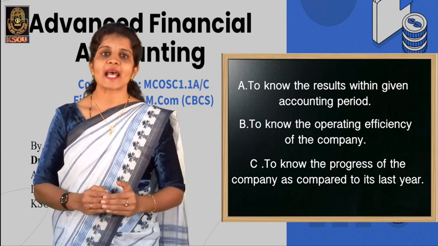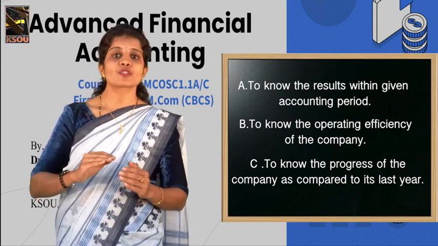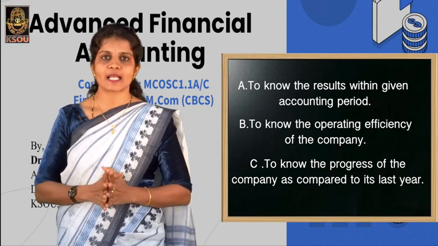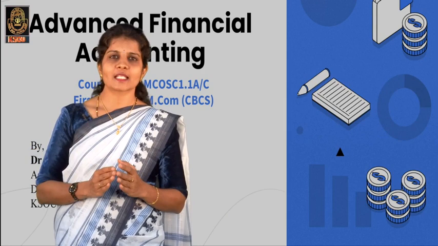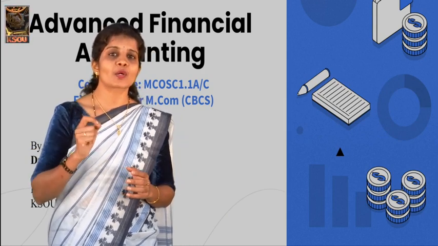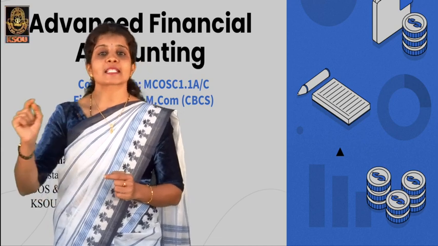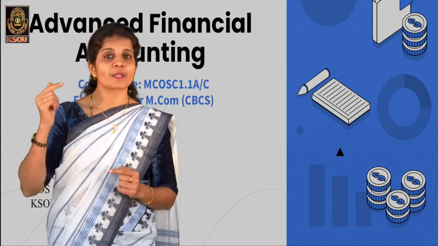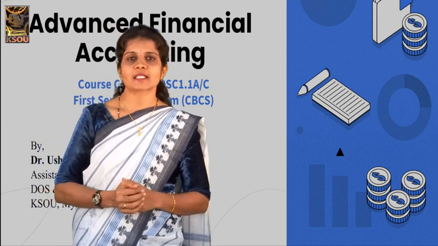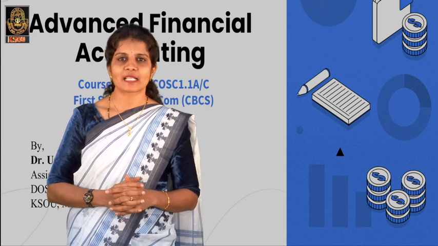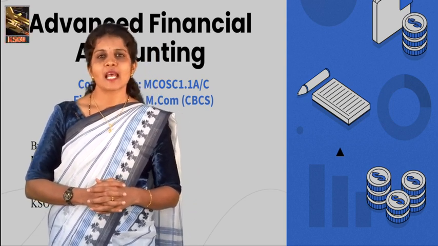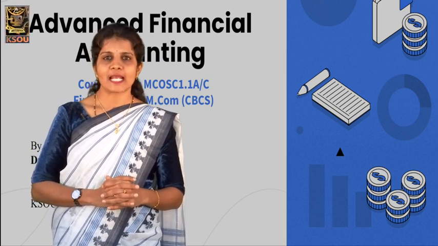This also helps the company to forecast future prospects: if this year the company has earned 2 lakh crores of profit, how much it can earn next year can be forecasted through this statement of profit and loss. These are the very important objectives of the company's statement of profit and loss.